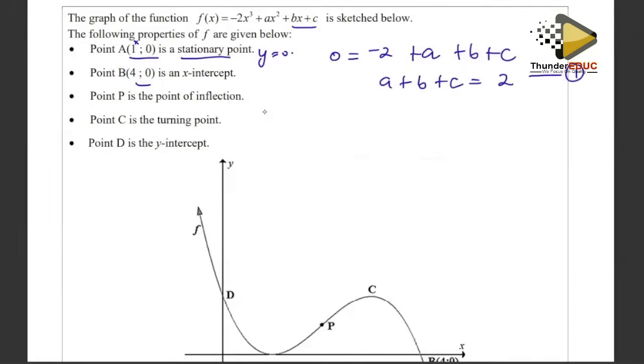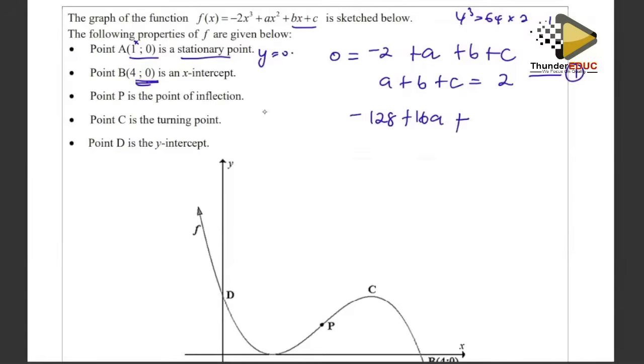That's equation 1. Let me use this other x-intercept, (4, 0), meaning that if we have 4 cubed, it's going to be 64 times 2, which is 128. So negative 128 is equal to, we have 4 squared, that's going to be 16a.